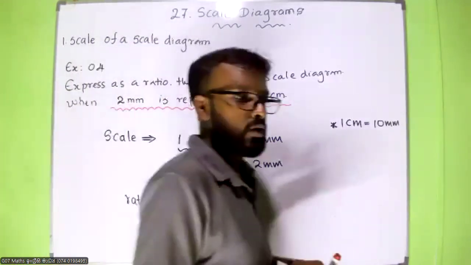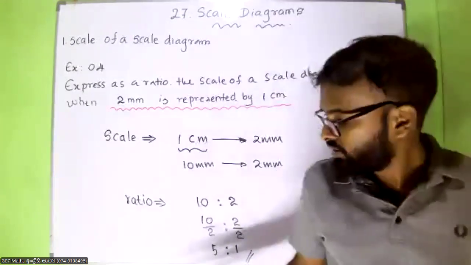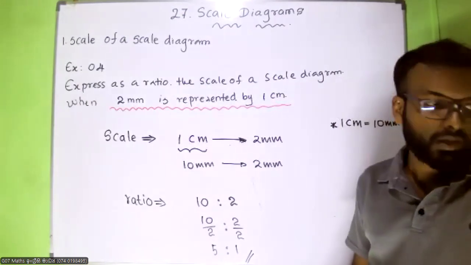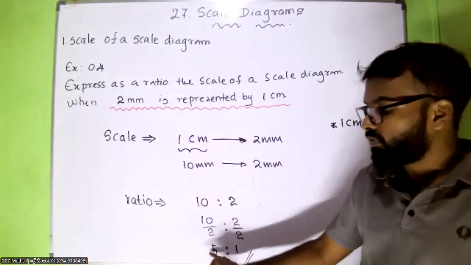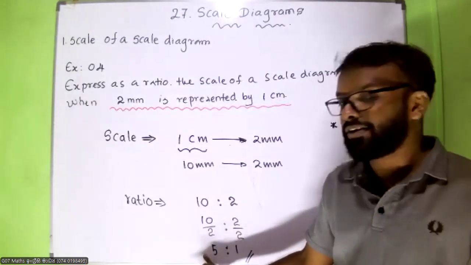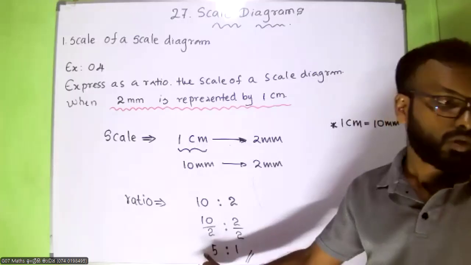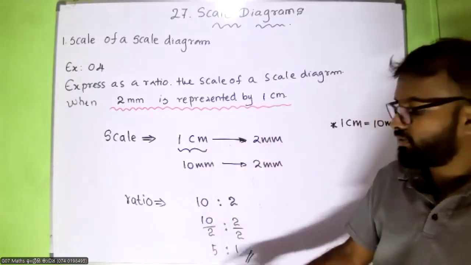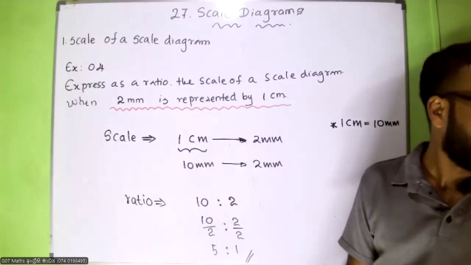Don't write it the other way. Keep this format: 5 to 1. No need to put 1 on the left side. You have to keep it like this, 5 to 1.